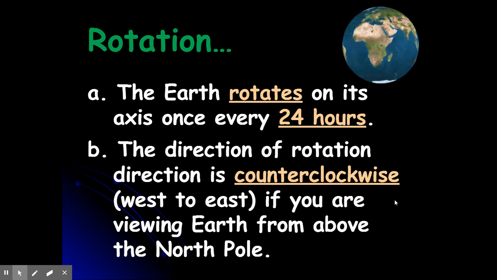But for our purposes and our understanding of day and night, we need to remember that it is the Earth that is spinning, making everything else appear like it's going around us. Okay? So the direction of rotation is counterclockwise, west to east, if you're viewing Earth from above the North Pole. So if you're standing above the North Pole looking down, the Earth would spin counter to the way a second hand on a clock would spin.